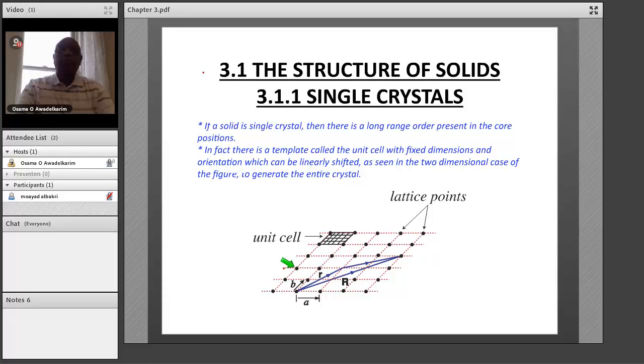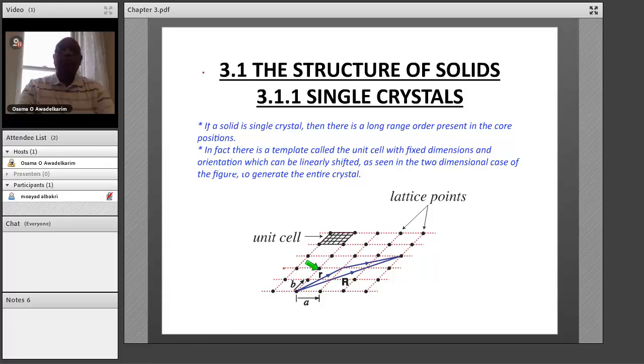Here we have different points arrayed systematically in space with certain periodicity and certain order. So we see several parallelograms, if you like, placed adjacent to one another. This mathematical structure is called a lattice. A lattice is a periodic arrangement of points in space.